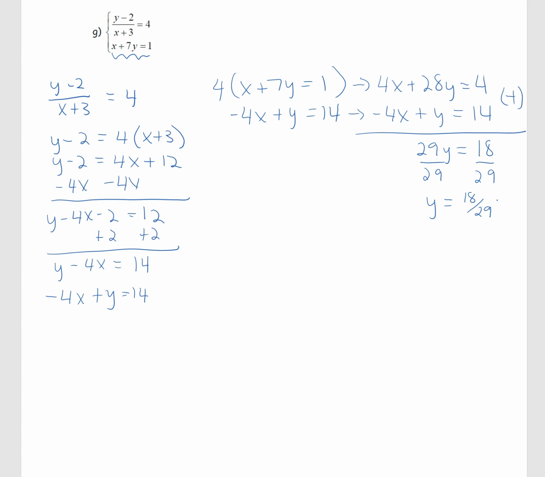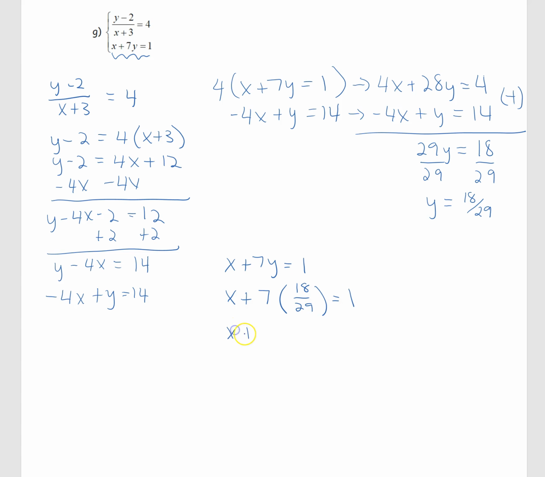Okay, so now what we can do is plug this in for y in one of our equations and solve for x. So I'm going to take this one, x plus 7y equals 1, plugging in 18 over 29 for y.